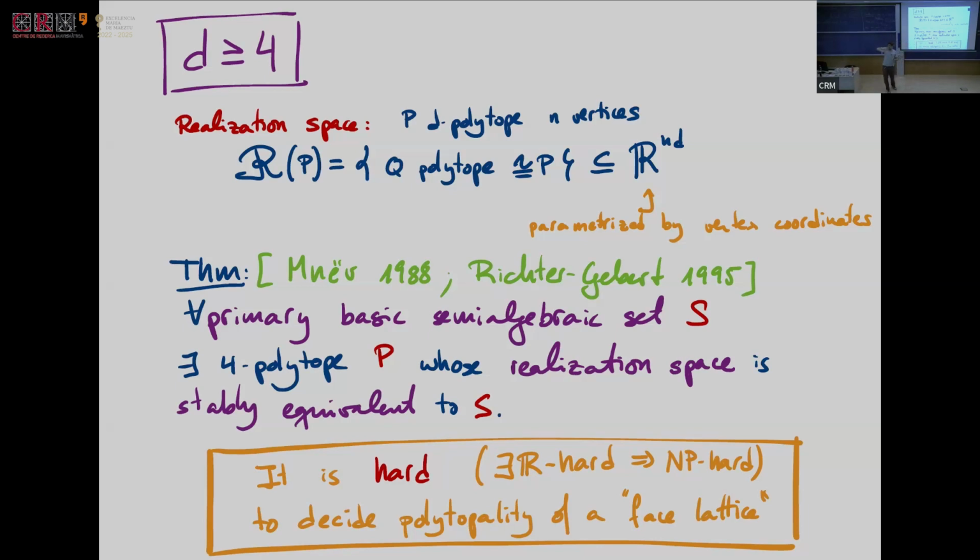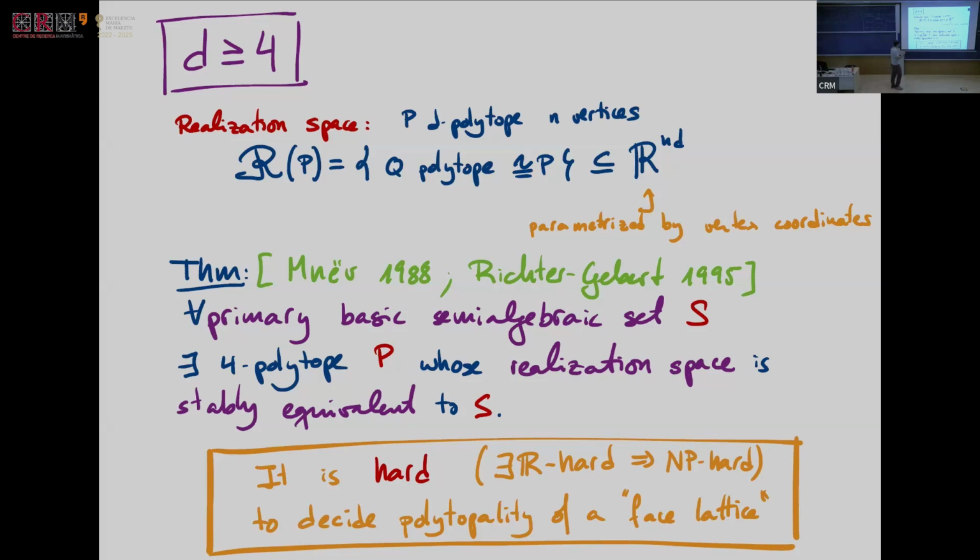Semi-algebraic sets are quite flexible. In particular, they can be disconnected or they can be anything. So these realization spaces can be as ugly as any semi-algebraic set. In particular, it's very hard to decide whether a semi-algebraic set is empty or not.